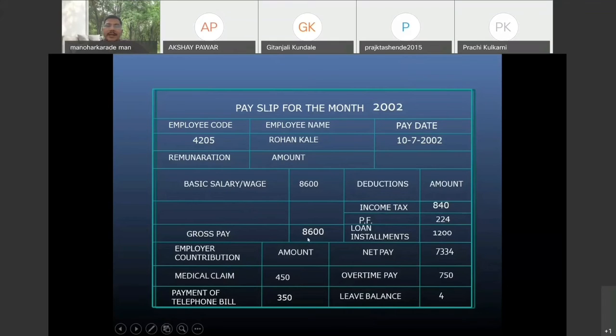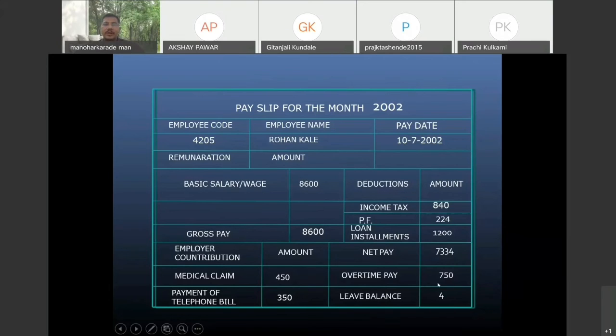So the gross salary is 8,600. Now these are the certain deductions. Out of 8,600, these amounts, 840, 224, and 1200 rupees will be deducted, and so he will get a net pay of 7,334 rupees. If let's say a medical claim is there, 450 rupees is paid by that particular organization, and the payment of the telephone bill is 350.